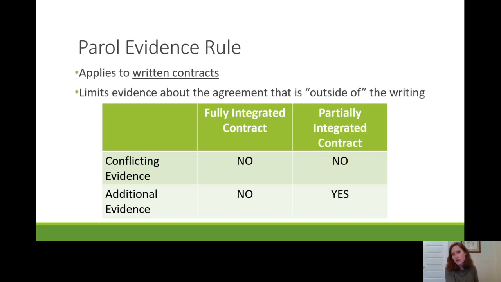But when you've got stuff written down on a Post-it note, it's probably pretty clear that there may be other contract terms. This is not supposed to be a complete official list of all of the aspects of the parties' agreement. It's just a little bit of a notation. It wouldn't be that surprising to think that there may be other things the parties had discussed that they just didn't write down because it didn't fit on the Post-it note.